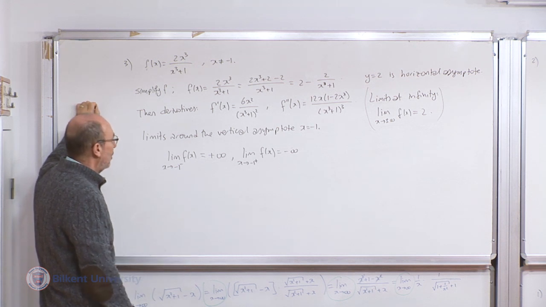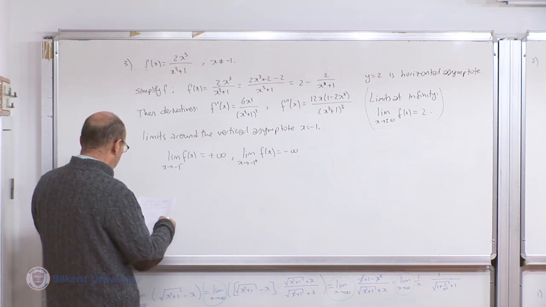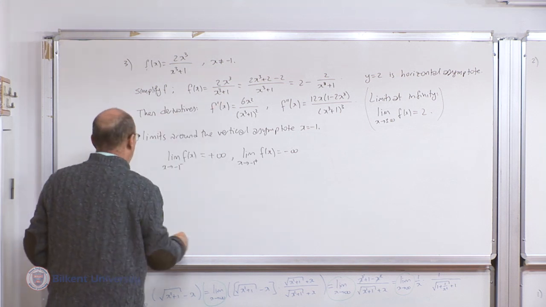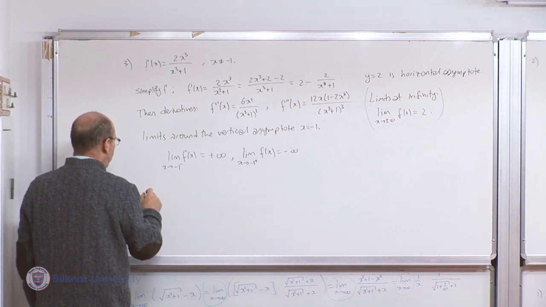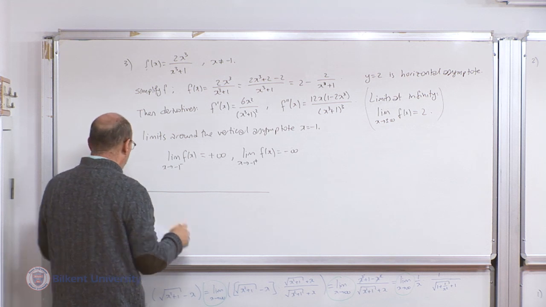Okay, so I think these are all the technical information we need to prepare our table. So these things, the zeros of these I'll put on the table. So I have x, and I have again 3 points there.